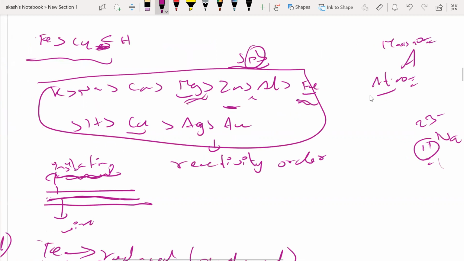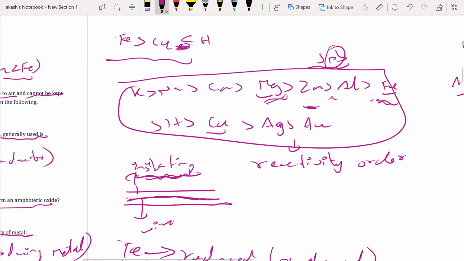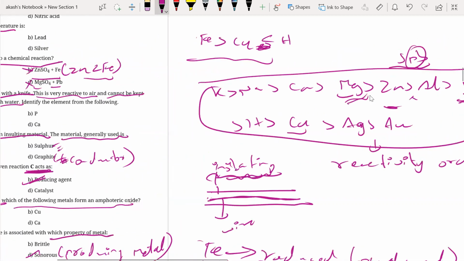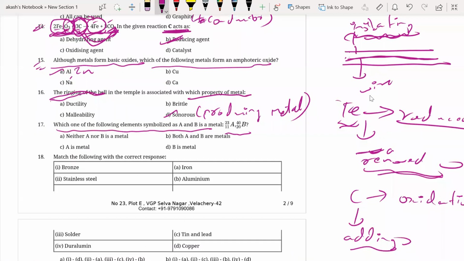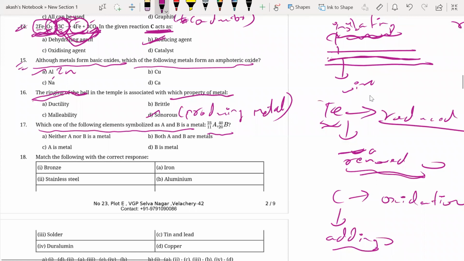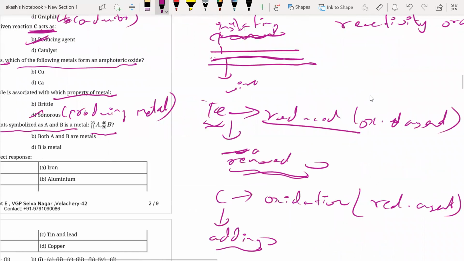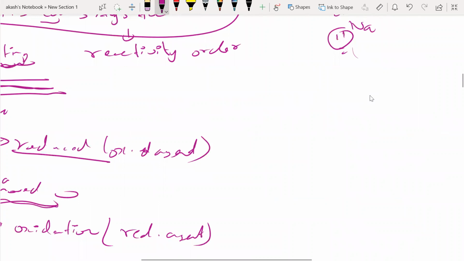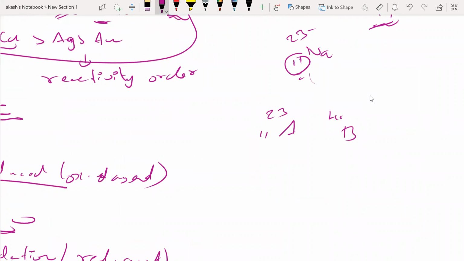A with 23 and 11, this is sodium. Next I have B with 40 and 20. And they want to know whether it's a metal or a non-metal.